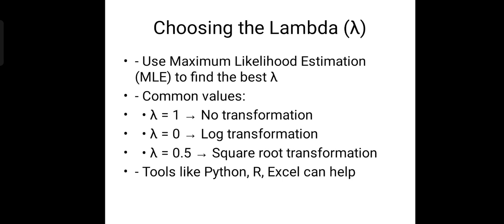Common values: lambda is equal to 1 is no transformation, lambda is equal to 0 is log transformation, lambda is equal to 0.5 is square root transformation. Tools like Python, R, and Excel can help.